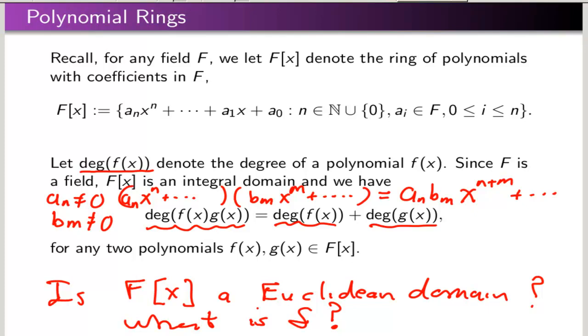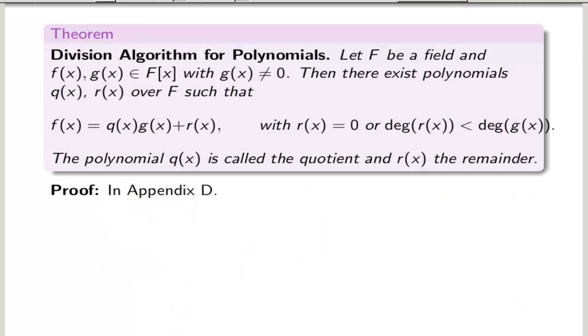Well, here's a fact from algebra that you've all seen. It's the way we do long division of polynomials. So when we're doing long division, let's say we're looking at f(x) divided by g(x).